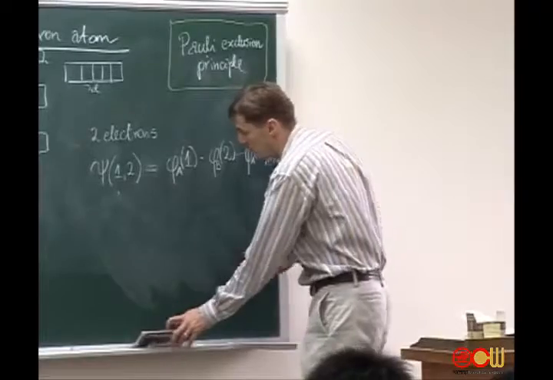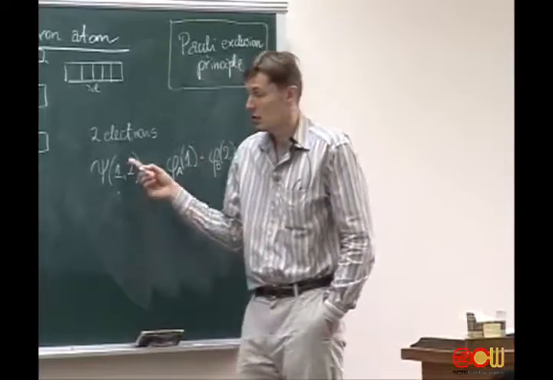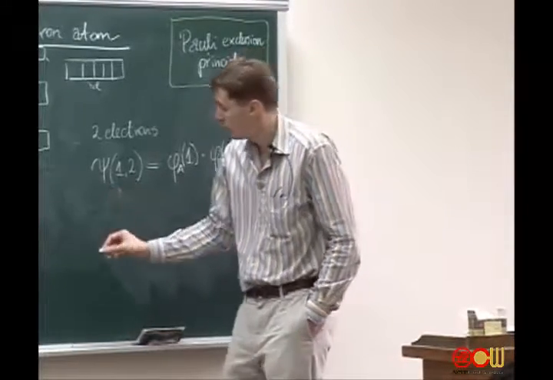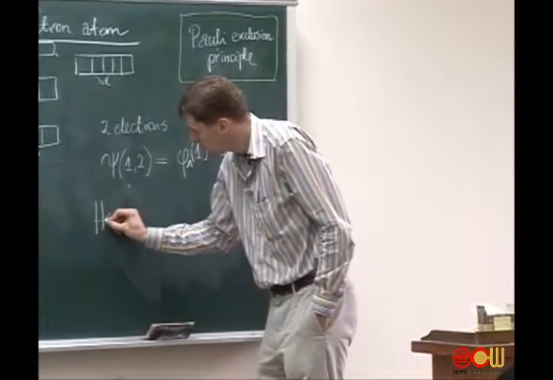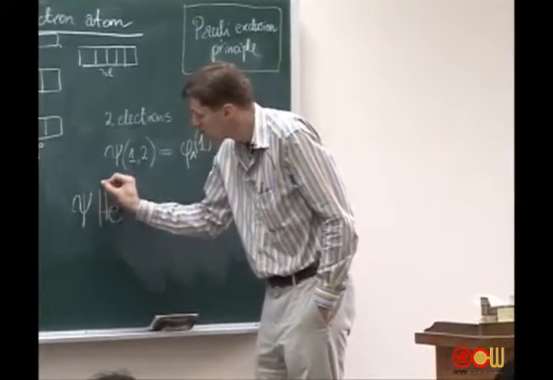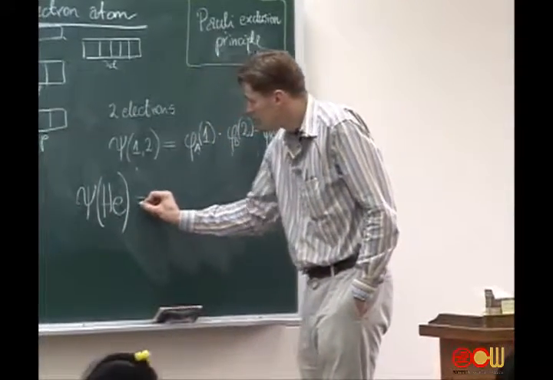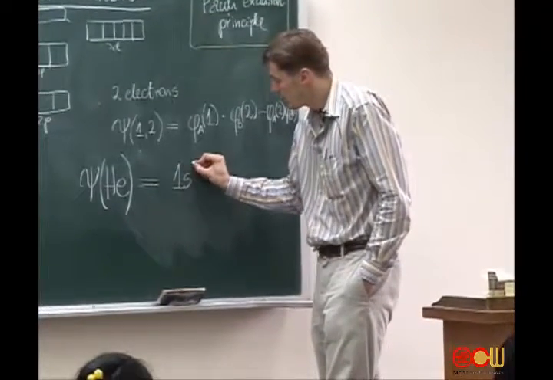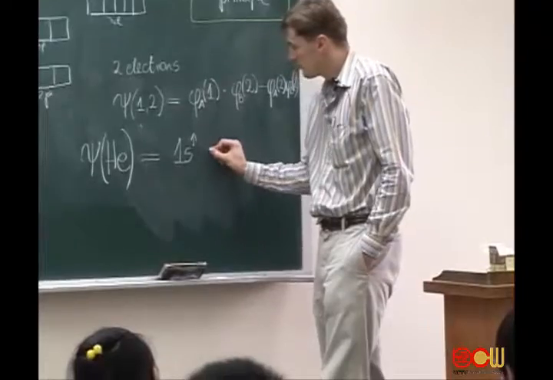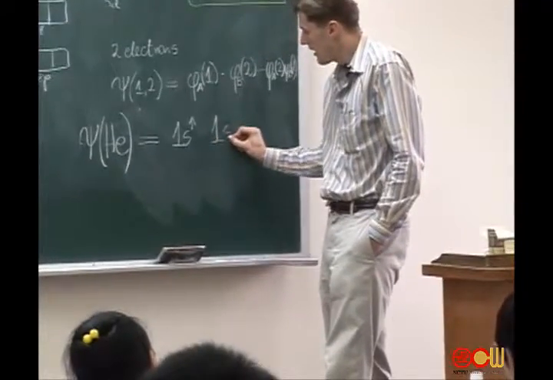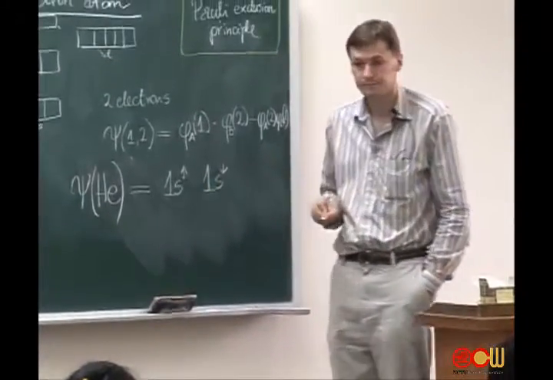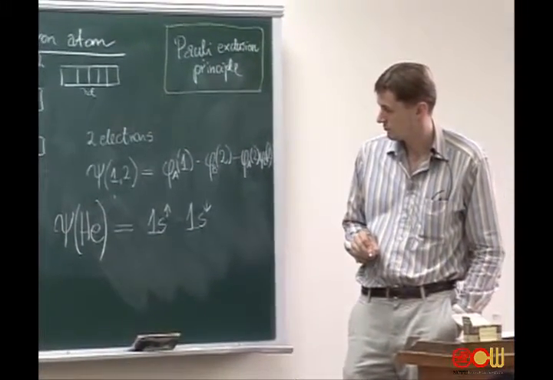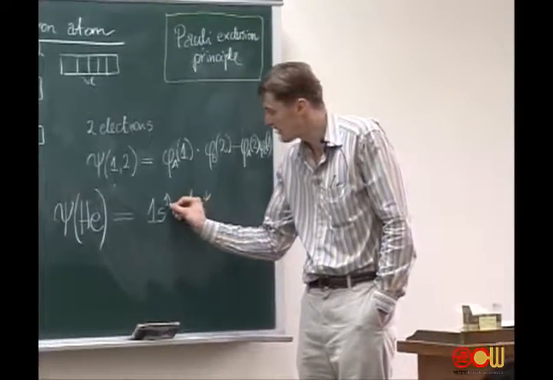Of course, the lowest possibility, and again, 2 electrons, that would be the helium atom. So the helium atom wave function would be given by 1s orbital with the spin up multiplied by the 1s orbital with the spin down. And again, you should remember about the antisymmetry.